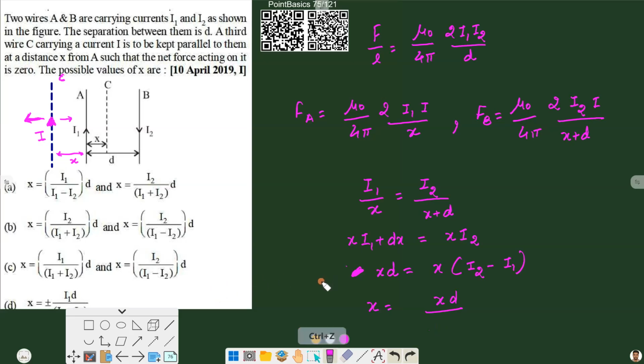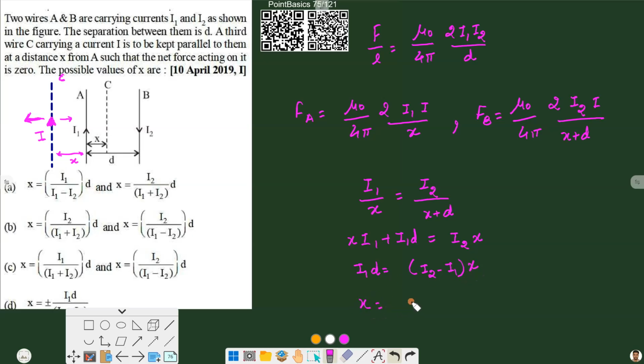We made a mistake. So it is x I1 plus I1 d. That was the mistake. x I1 plus I1 d is equal to I2 x here, and we will have I1 d is equal to I2 minus I1 into x, and x will be I1 d by I2 minus I1.